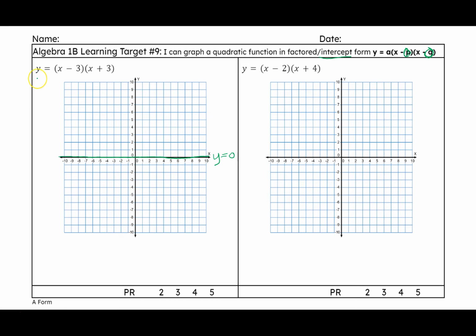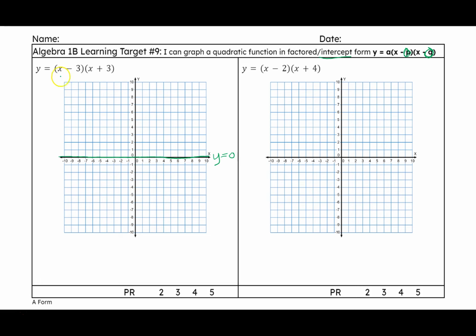So how can we make y here equal to 0? Notice here we have 2 things that are being multiplied together, this object and this object. If you want to get an answer of 0 and you're multiplying 2 things together, you just need at least one of those 2 things to be equal to 0, because 0 times anything is equal to 0.